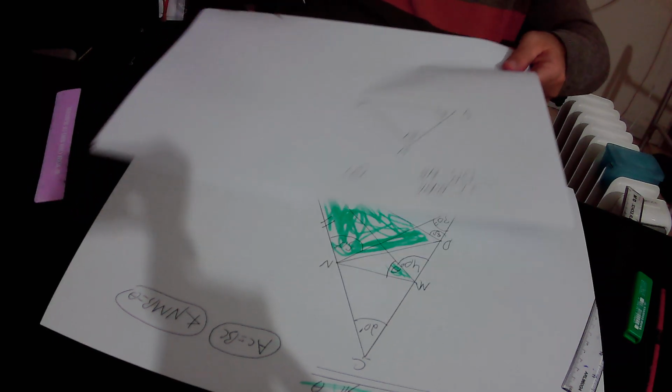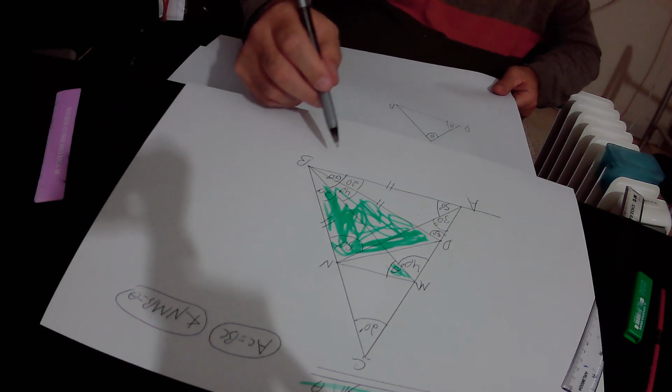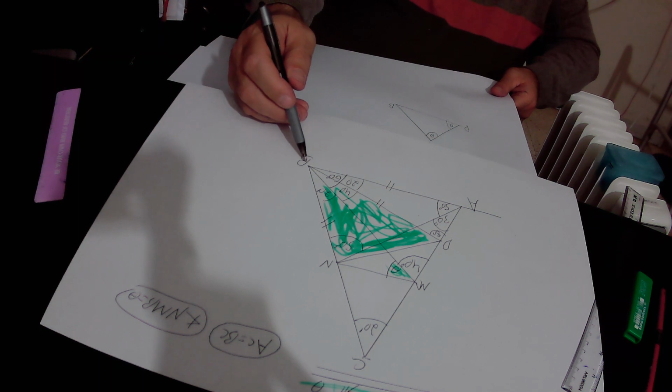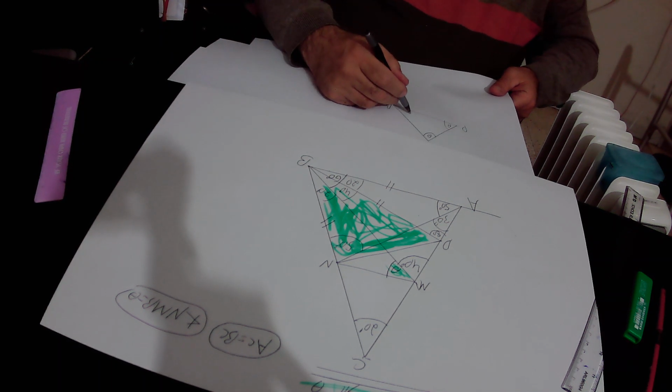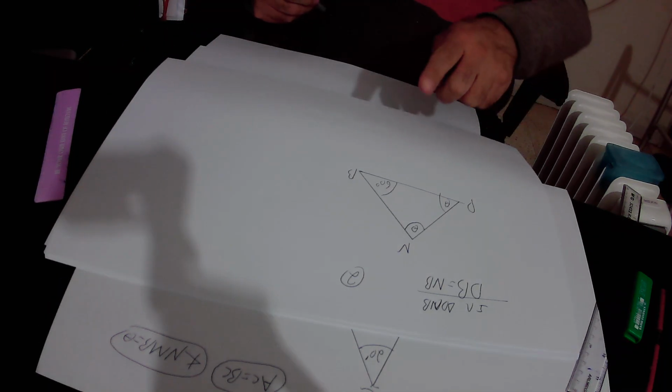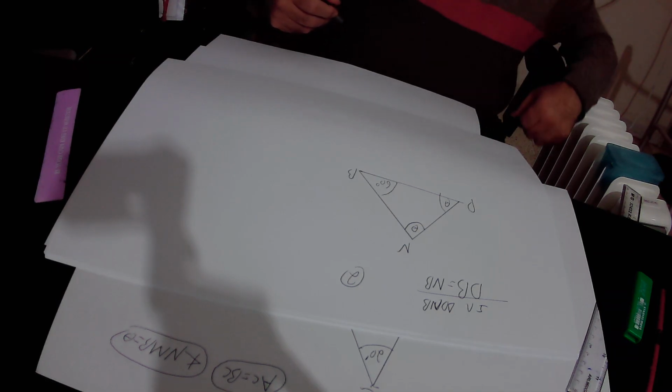What is the size of angle DBN? From the drawing, it is very easy to see that DBN equals 40 plus 20, that is 60. Okay, so in triangle DNB, we have one angle that is equal to 60 degrees, and the other two angles are both equal to theta.